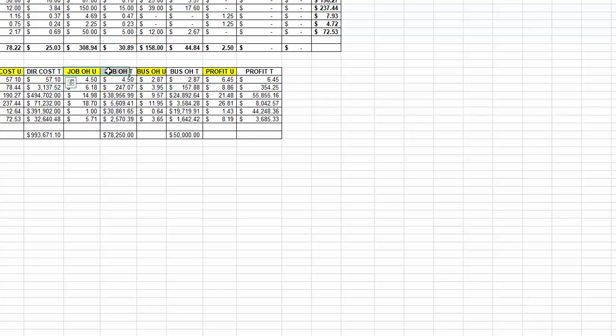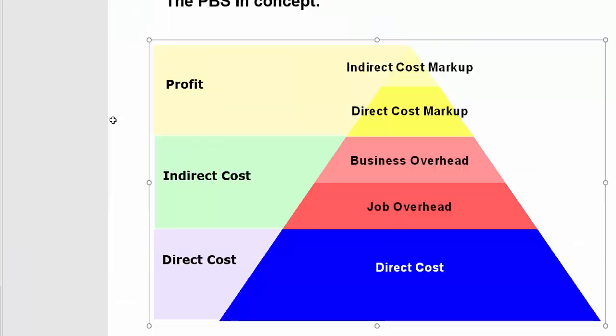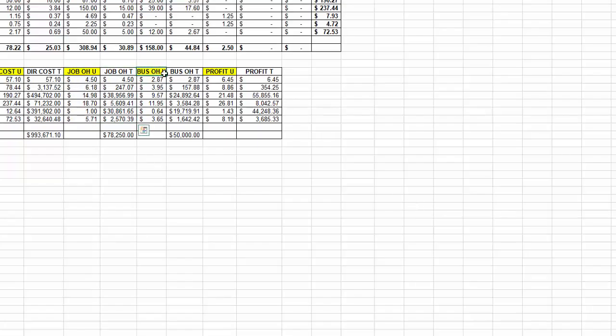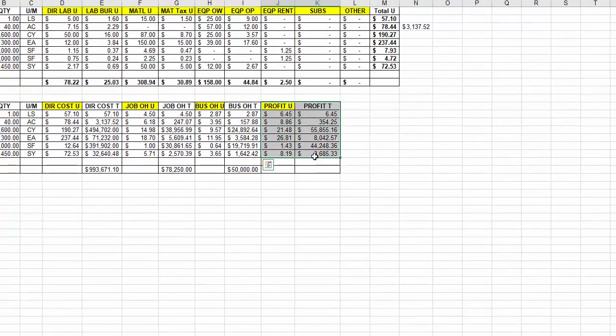We've got the job overhead element, the home office or business overhead, right here, and here's my profit. Now this table has unit and extensions. So there's my 31, 37, same as over here. Don't need that anymore. So notice this unit cost from the CBS shows up right over here.